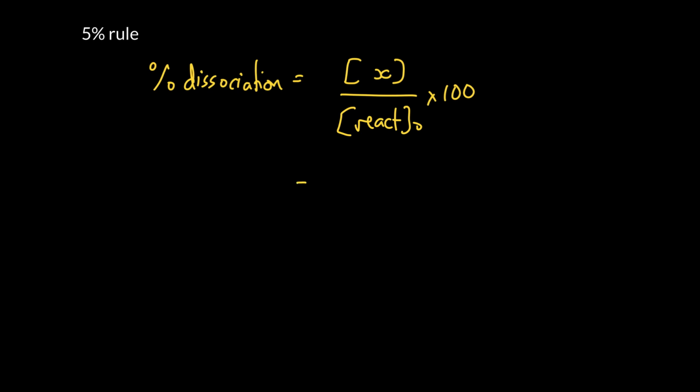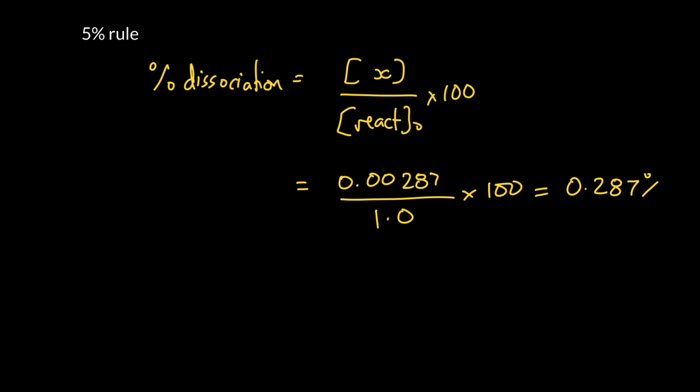In our problem here, our value of x was 0.00287, and our original concentration of reactants was 1, so we can see that's a very small percentage. We multiply by 100 to get a percent. That is 0.287%. And since that is less than 5, we consider this to be a valid approximation.